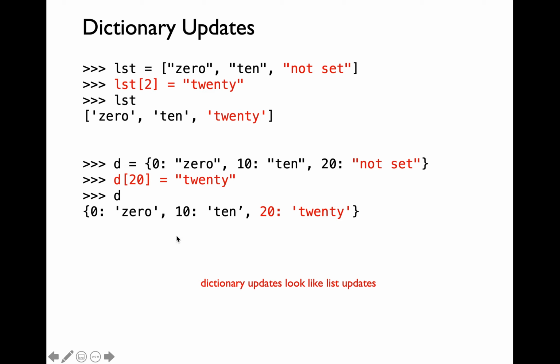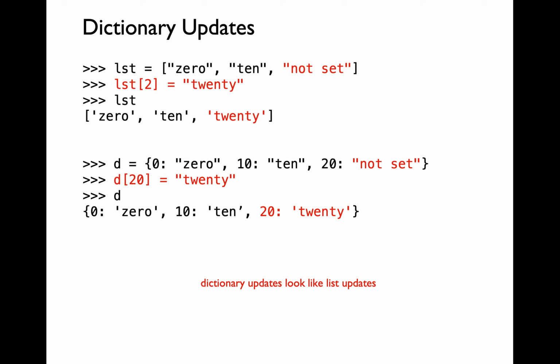Let's go through a similar dictionary example here. I have a dictionary where I have similar values. The keys here are going to be integers 0, 10, and 20. Of course, you can have integers as keys within dictionaries.